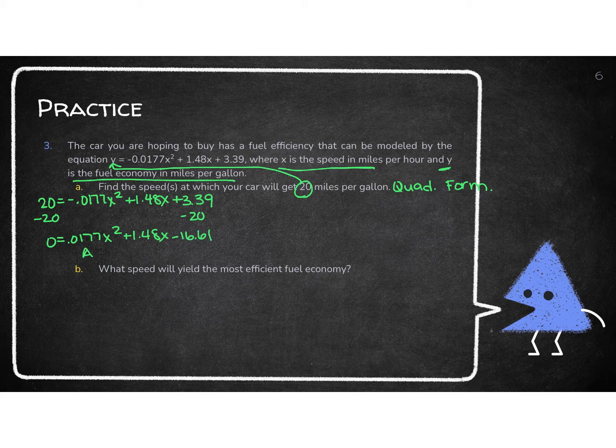So now I have my a, my b, and my c, and we can plug it into quadratic formula. So I'm going to do opposite of b, negative 1.48, plus or minus the square root of b squared minus 4 times a, 0.0177, times c, which is going to be negative 16.61, all divided by 2 times a, so 0.0177.